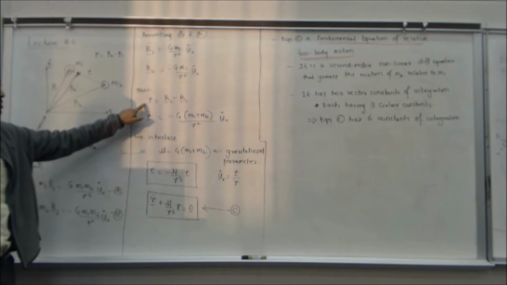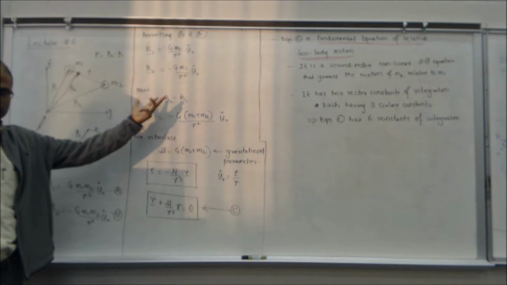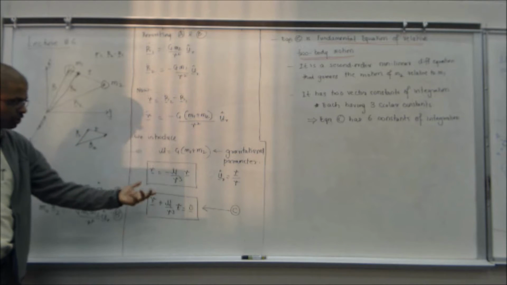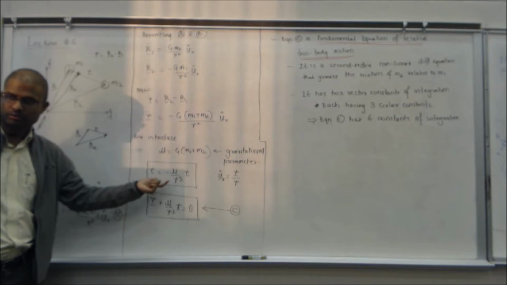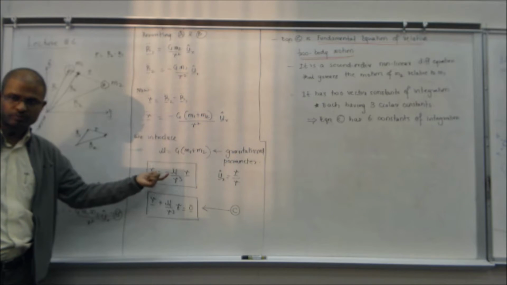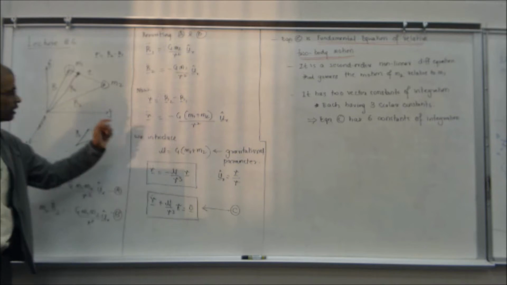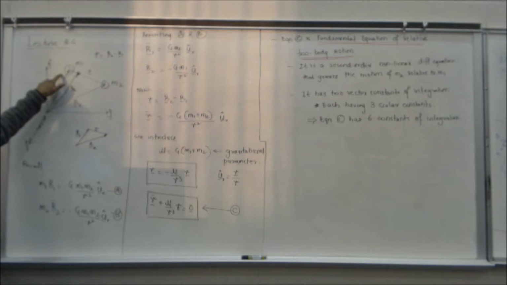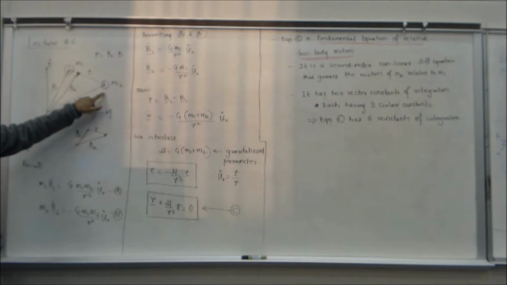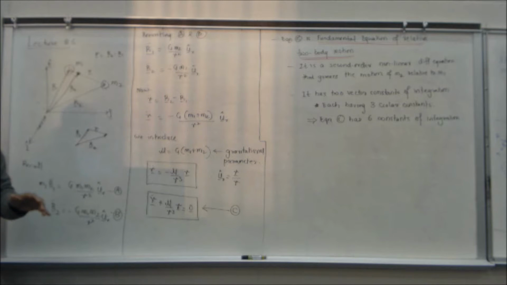If I change this, R1 and R2, would anything change? It is like multiplying this whole thing by -1. It will still remain the same. What that means is, the motion of this body, when seen from this body, is exactly the same as this body seen from this body. However you see the moon from here, if you go to the moon and see Earth, it will appear exactly the same.